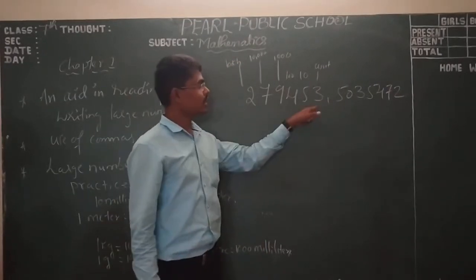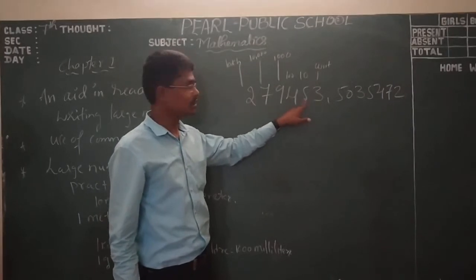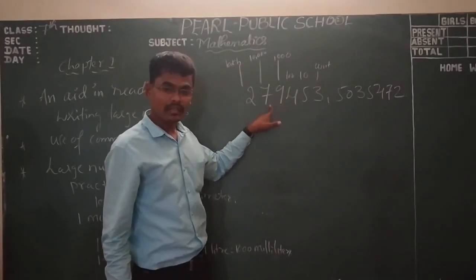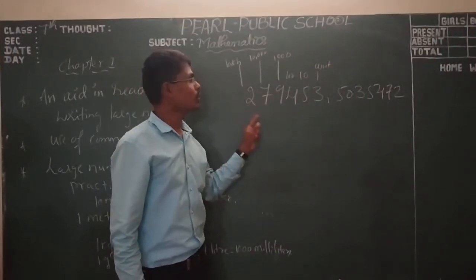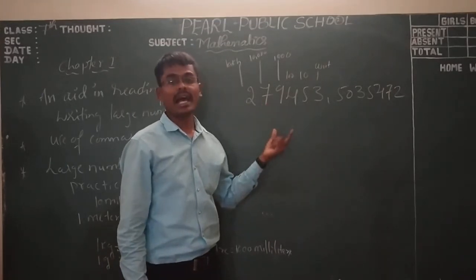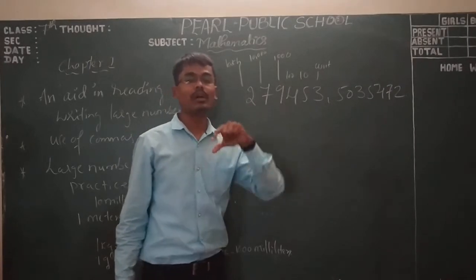Now look at here, this is unit position, this is tenth position, this is 100th position, this is 1000, 10,000, and the last one is the lakhs position. Now this indicates the number in terms of lakhs.